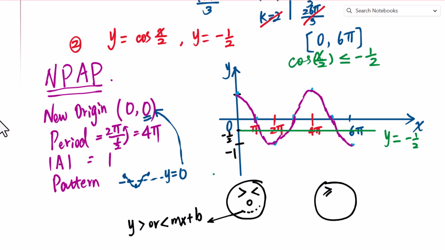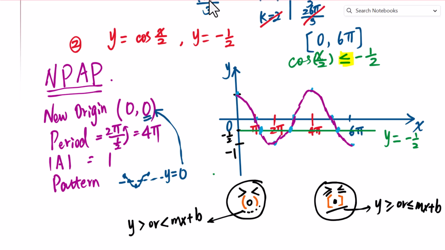Greater than or equal to, less than or equal to is a closed circle, and a solid line. For interval, open circle for open parentheses, closed circle for bracket. Since we have less than or equal to, close the circle for intersections.